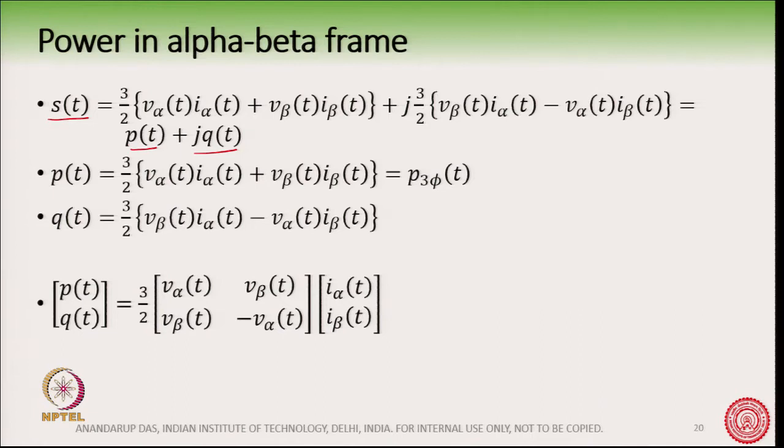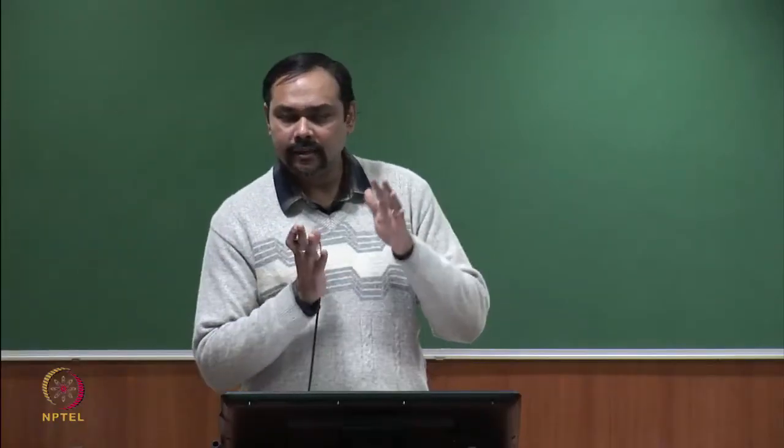So, what is P t? P t, you can take the real component and then it will become this one, which is same as P 3 phase T. So, this is something which we have understood, that there is an instantaneous 3 phase power which is flowing from the source to the load. It is because of the instantaneous flow of energy from the source to the load.